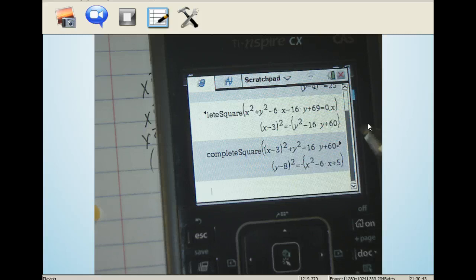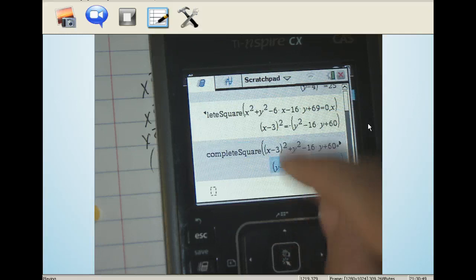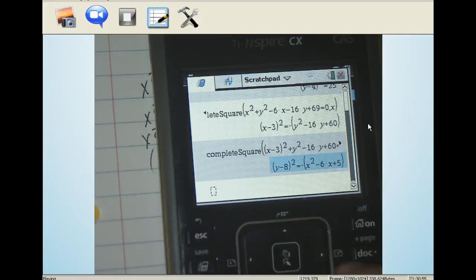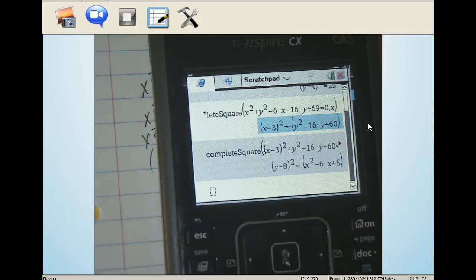Okay, so I recognize I've got a little bit of a problem here with how I would do that. I'd have to remember that I could turn it to x minus 3 and y minus 8, but I wouldn't know how I'd get 25 on the other side without having to refactor that. So my guess would be, see this part, I want to factor that out. And I really just want to complete the square just for that portion.